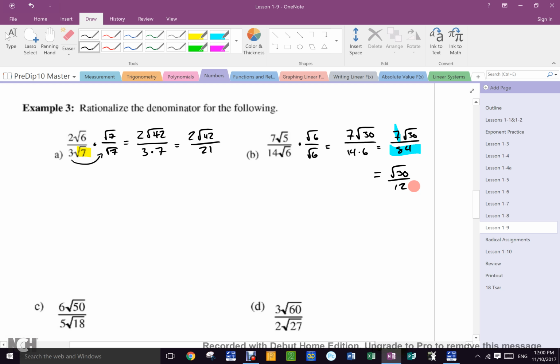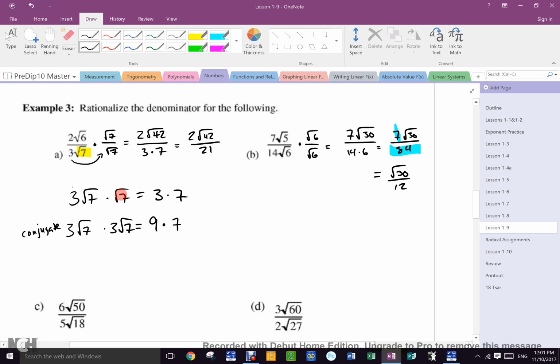So you got to still be able to understand that 3 root 7 times 3 root 7 is 9 times 7. Is everybody cool with that? Both of them are rationalized, right? Because it will both get rid of the radical sign. One of them we have to be aware of when we're using the conjugate. The other one we don't.